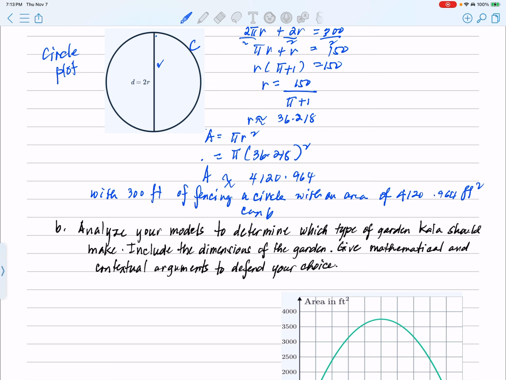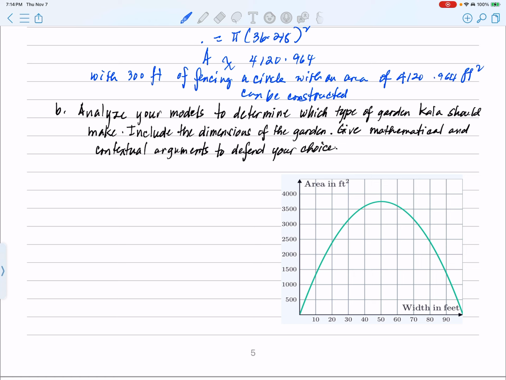A rectangular shape is typical and may be easier to create, or may better fit a plot of land. A circle may waste space, or it may be difficult to plant seeds around the edge of a circle. But maybe Kala isn't concerned with the shape. Maybe she simply wants the shape that has the largest area.